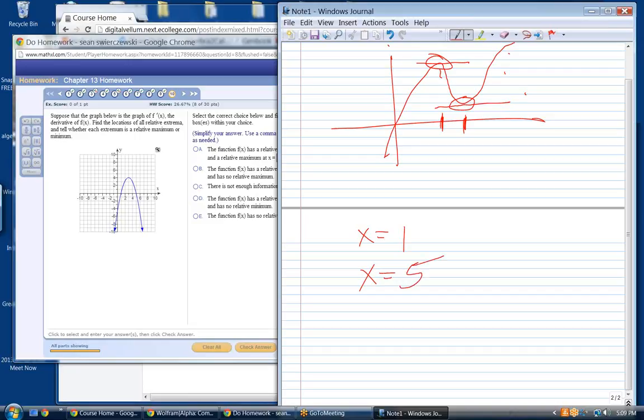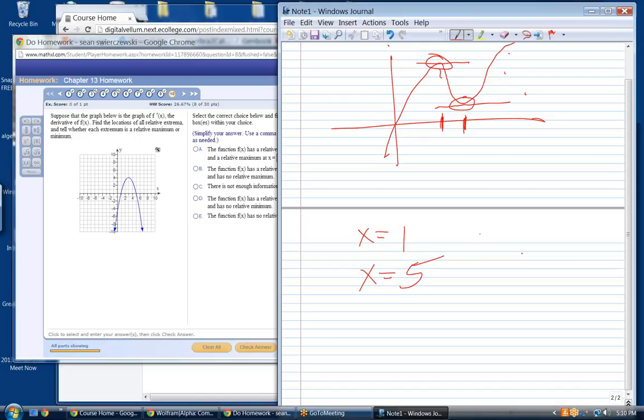So how to tell whether one is a maximum or a minimum? Well, notice here that it's positive after that, which means it's got to be the minimum. Exactly. That's got to be the minimum because it increases from the minimum.